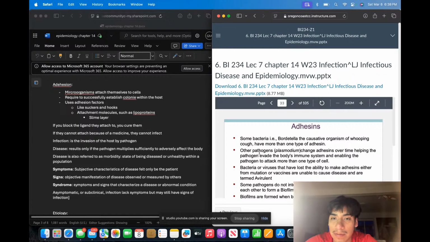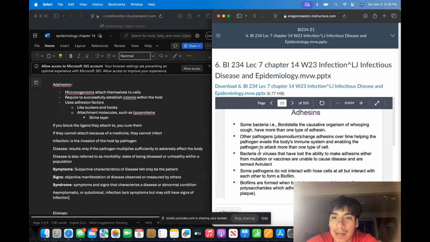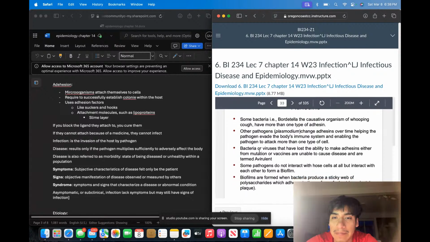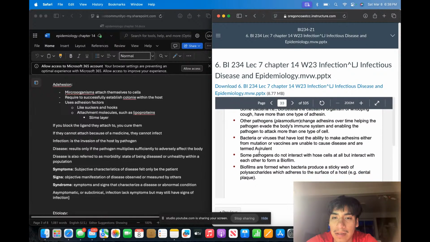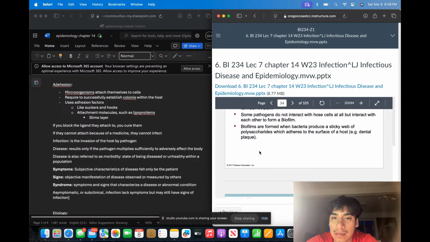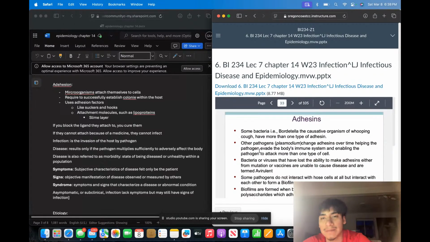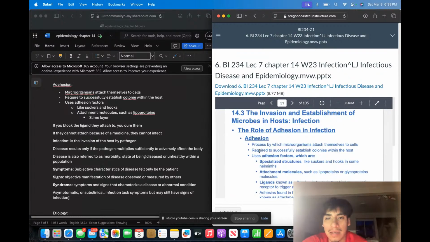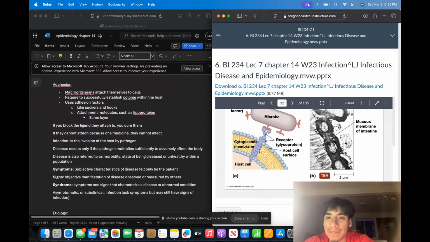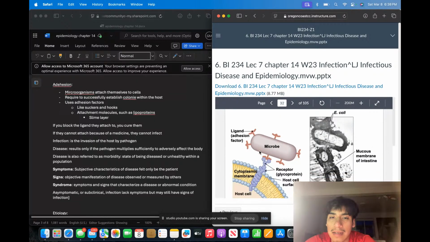Here is some more information about adhesion. Some bacteria, like whooping cough, have one more type of adhesion. Adhesion is just an attachment molecule, which makes it easier.